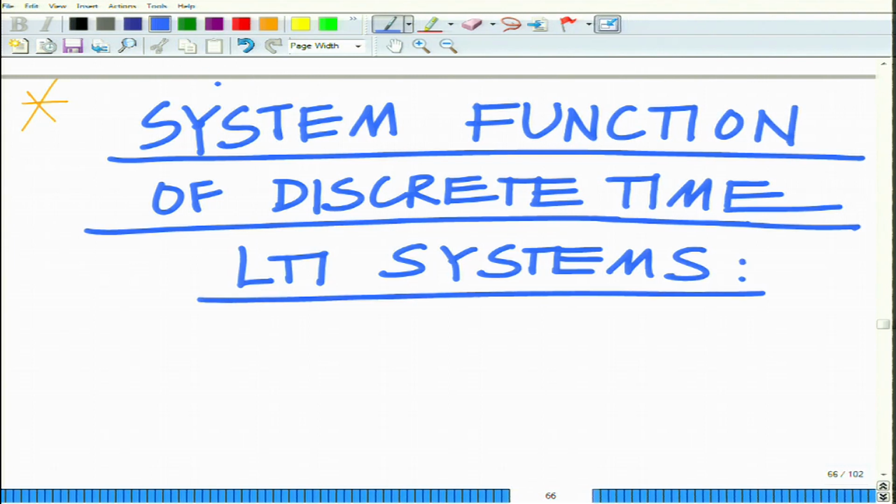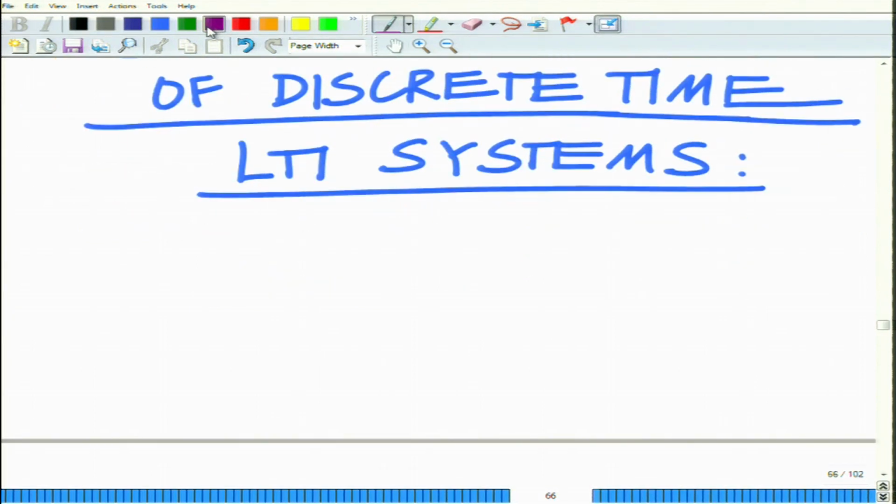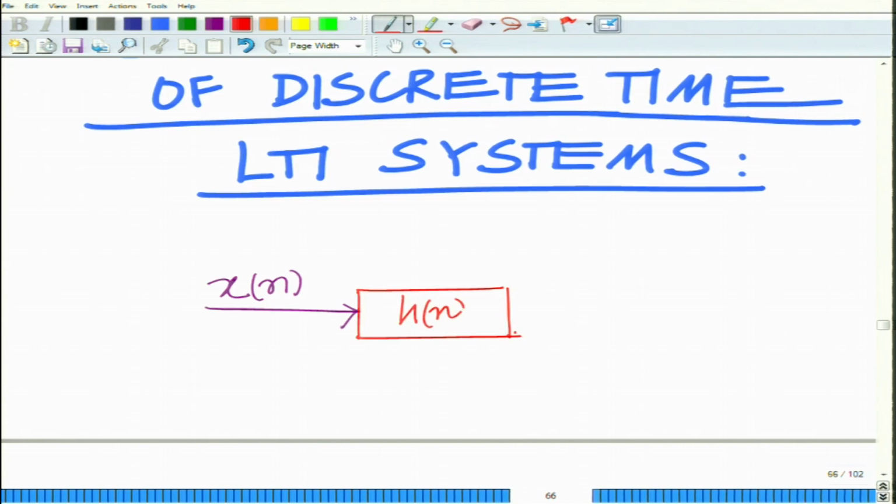systems. And similar once again to the discussion on the Laplace transform, but this time considering a discrete time LTI system and discrete signals. So, we have x[n] which is given as input to a discrete time LTI system with impulse response h[n], and the output is y[n].